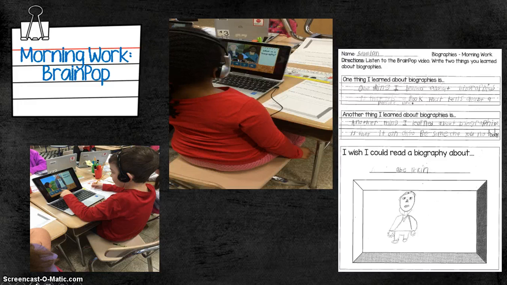So it really saved me 5 to 10 minutes that I would have spent doing this in whole group, and I incorporated that in my morning work block to prepare them for the lesson that we would be doing and reading that day.